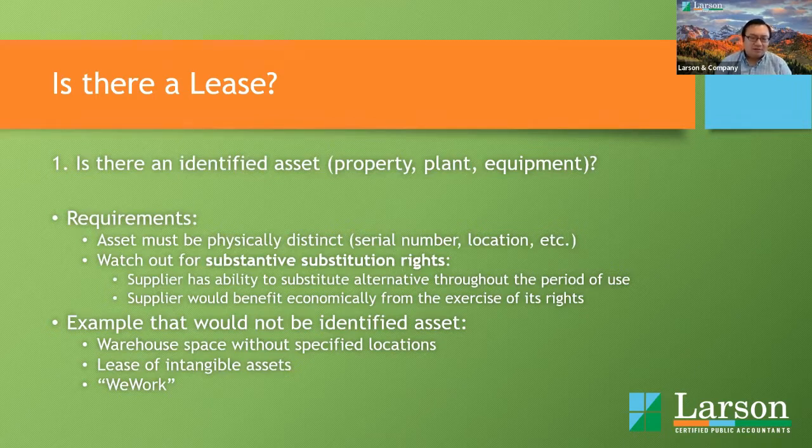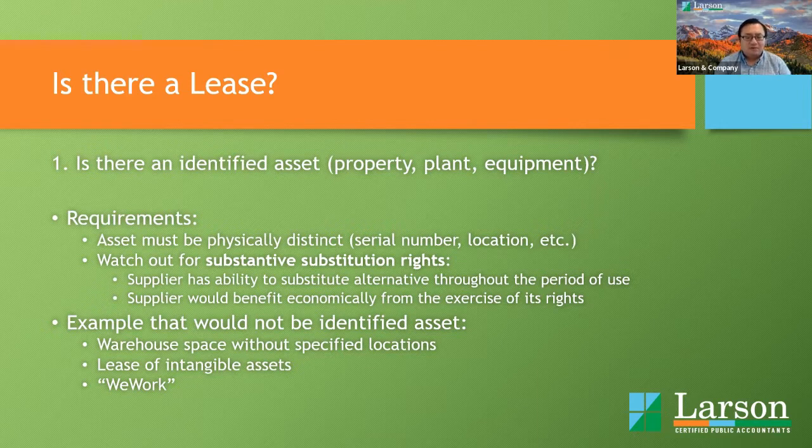Some examples here are about warehouse space. If you have a warehouse space that's not specifically identified, they're going to provide warehousing for you. I know there's an entity here, Visible, that does fulfillment for companies, right?